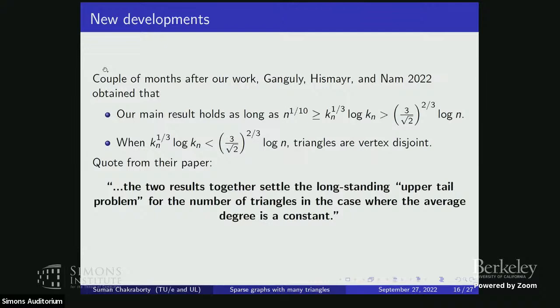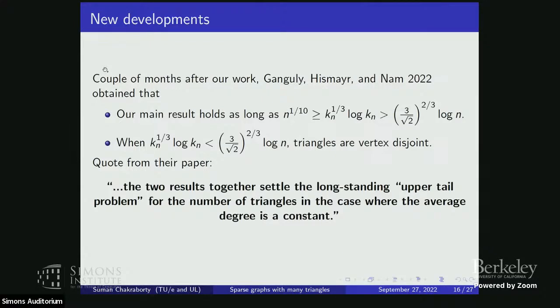So some new developments. As I said, I'll comment on that log n cubed. After a couple of months after our results, so the upper tail, we were mostly interested in Kn when Kn was linear, but other people were interested in the whole upper tail. So they proved that our result holds as long as this condition holds. This means that Kn has to be bigger than log n cubed over log n.